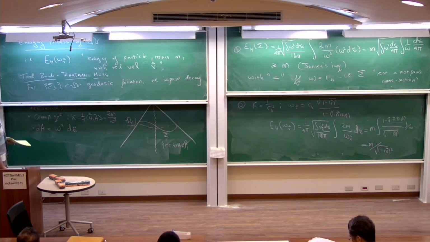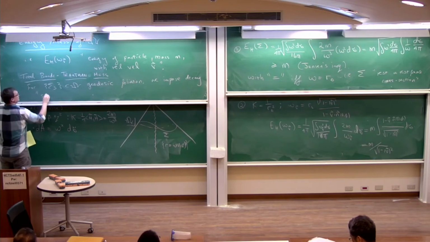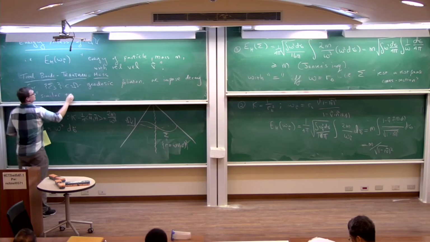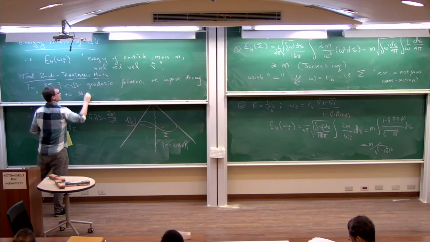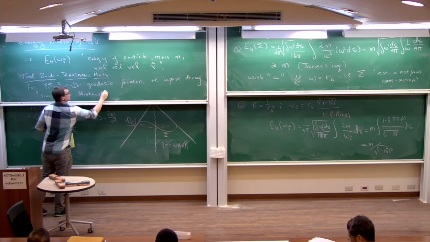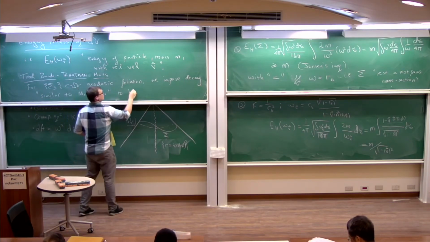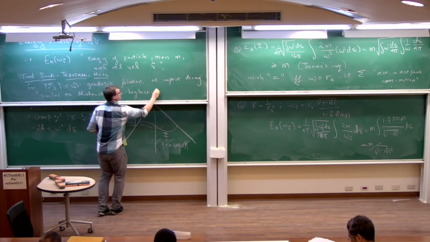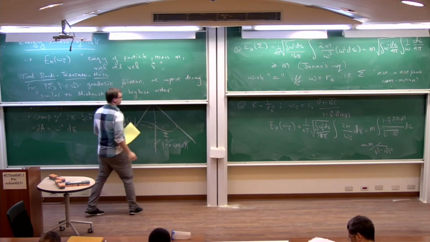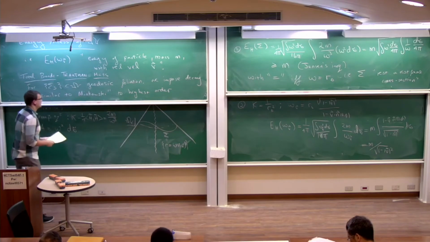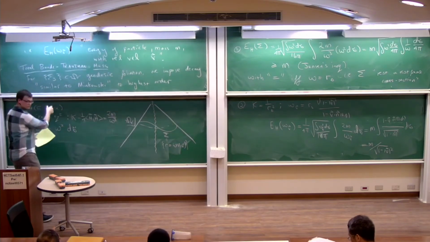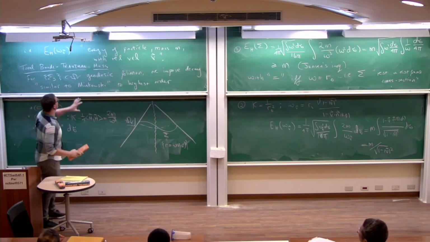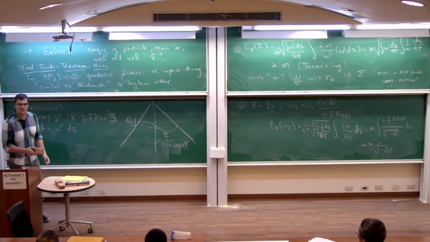All right, so for a geodesic foliation, we impose decay. And here's where I'm fluffing the exact definition, to highest order. So in general, how do we define the mass of a null cone?